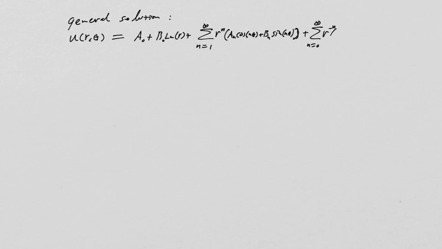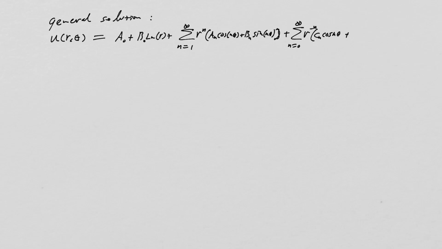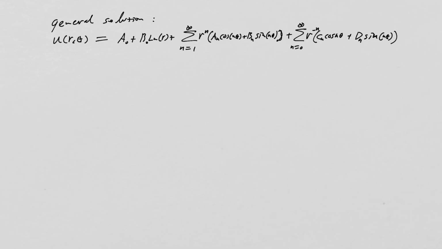And these are the negative exponents. Oh, sorry. These are going to be cn cosine n theta plus dn sine n theta, like that. So there's our full solution.